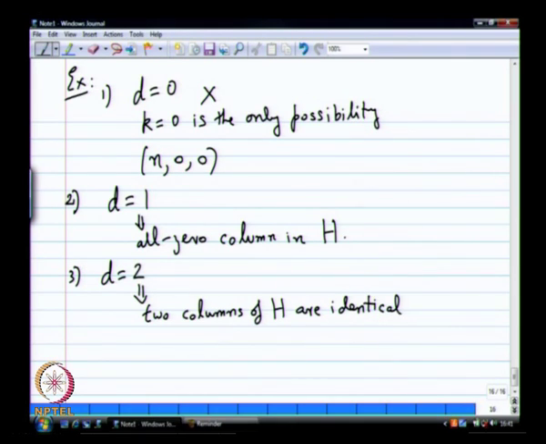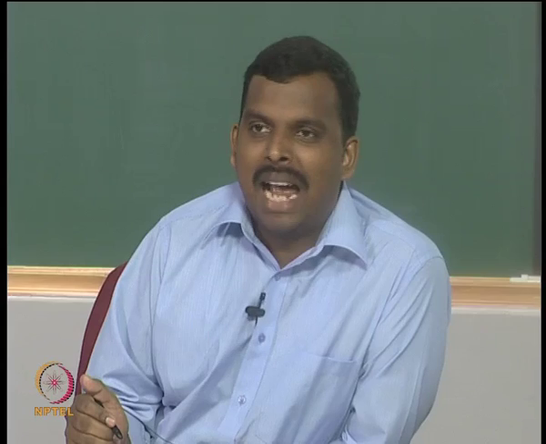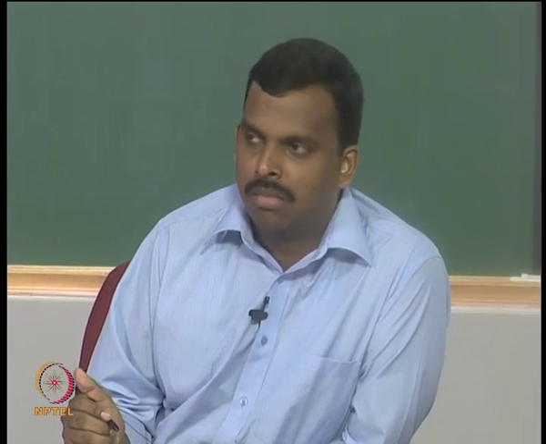So d equals 2, how did I get this? Two columns of H should be identical. There should be two columns that are linearly dependent. The only way that will happen is the two columns add to 0, which means they are the same. It's the exact same statement to make.